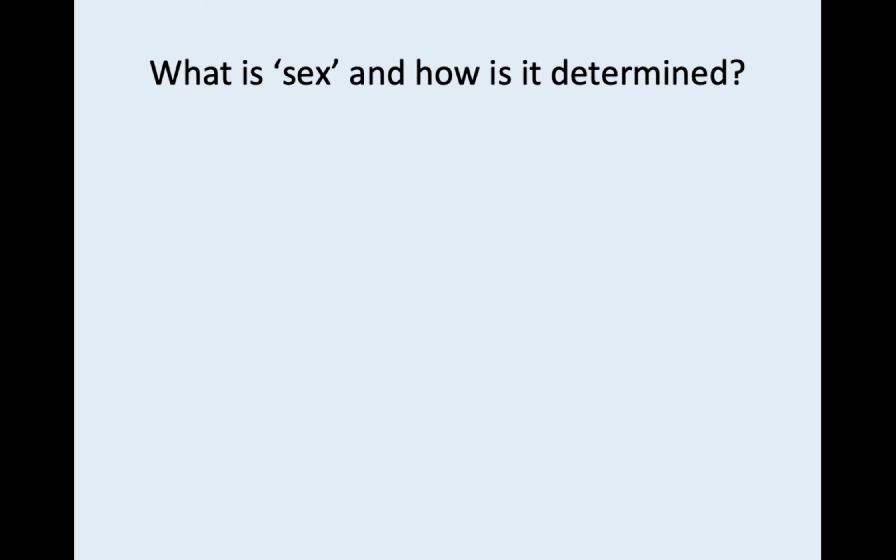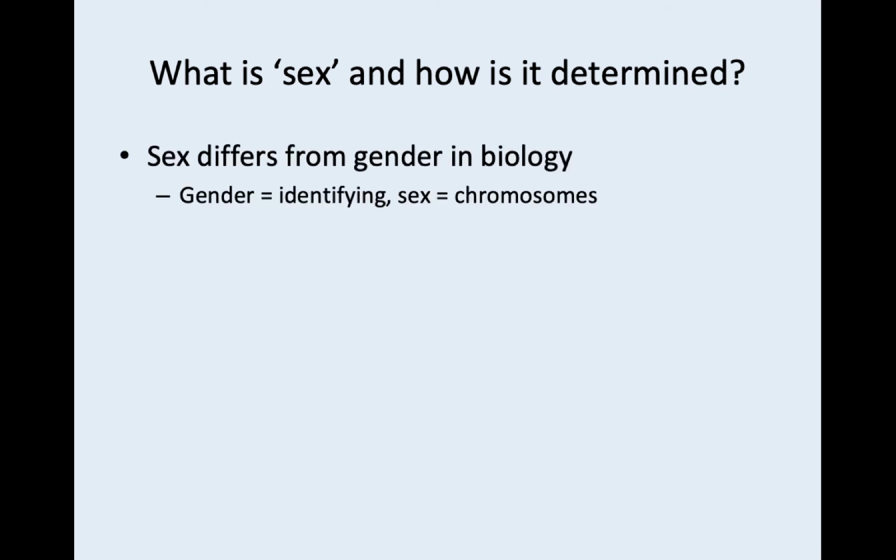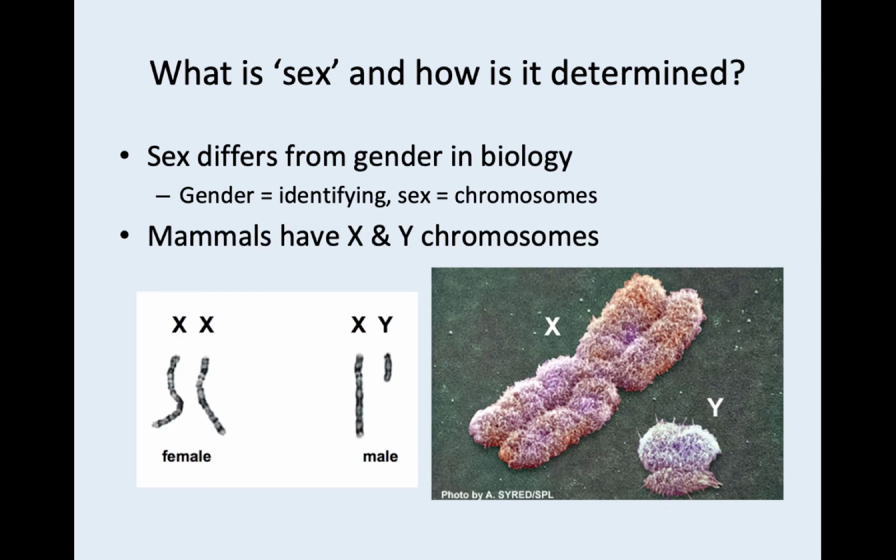That's not what we're talking about. So in biology, your biological sex is determined by your sex chromosomes. So it's going to differ from gender, where gender is how you identify, and sex is what actual chromosomes you have. Males are XY, females are XX.